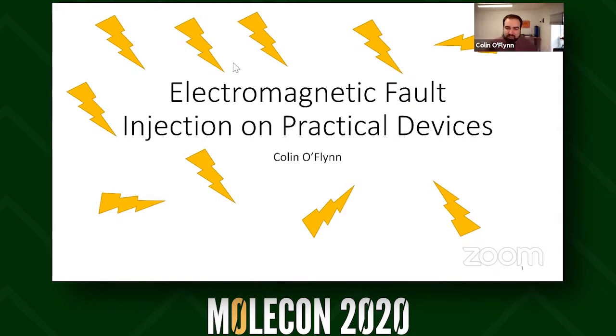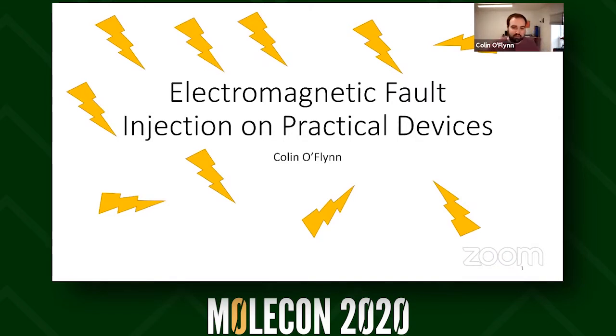Okay. So I'm going to talk to you about electromagnetic fault injection on practical devices. What that really means is we're going to look at electromagnetic fault injection and how it can work on actual devices, where it works in real life, not just in theory.